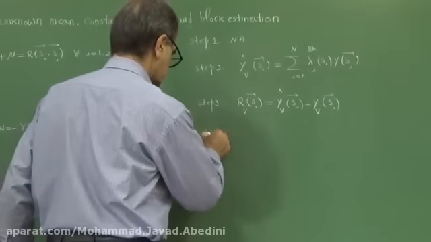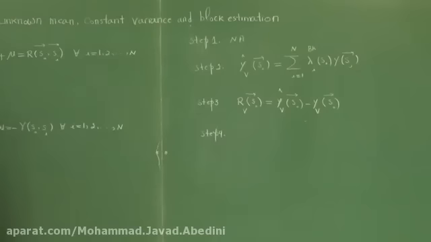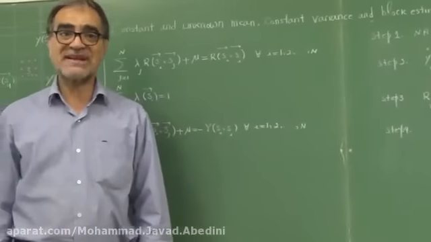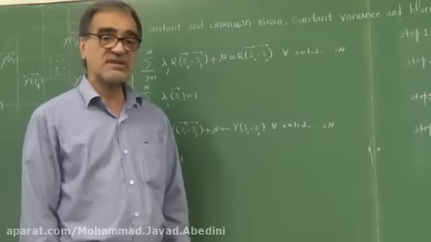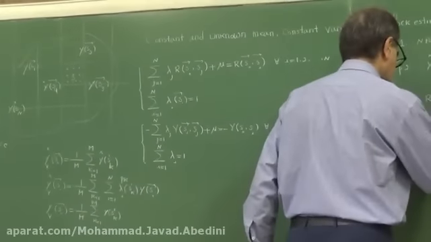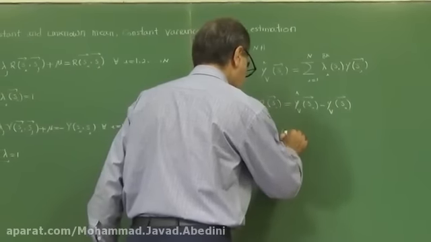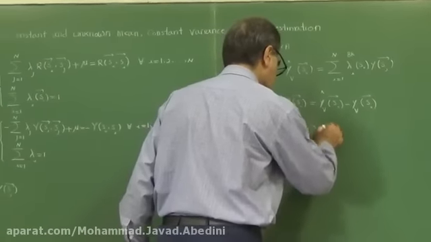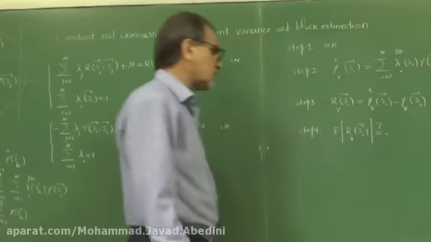Step 4. You have to impose the unbiasedness condition on your residual and see under what condition your expected value of residual is 0. Expected value of residual over block V index at S0, under what condition will it become 0?